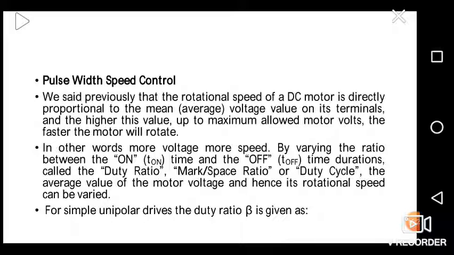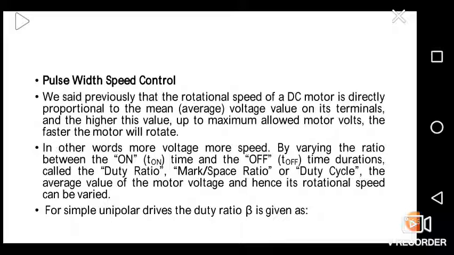We said previously that the rotational speed of a DC motor is directly proportional to the mean average value of voltage on its terminals, and the higher this value, up to the maximum allowed motor volts, the faster the motor will rotate. In other words, voltage more, speed more.